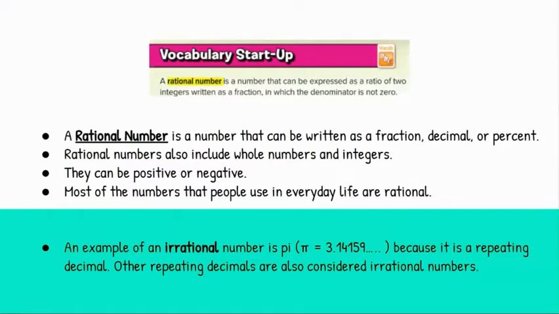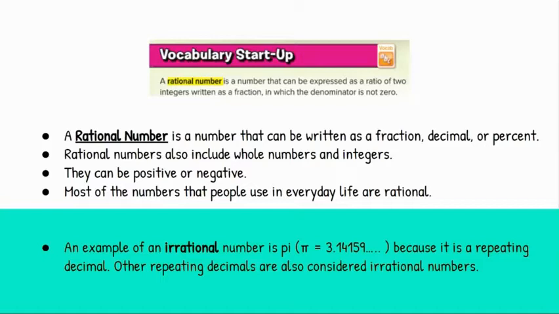So really what that means, a rational number is a number that can be written as a fraction, decimal, or percent. Rational numbers also include whole numbers and integers, and these can be positive or negative. Most of the numbers that people use in everyday life are rational numbers.